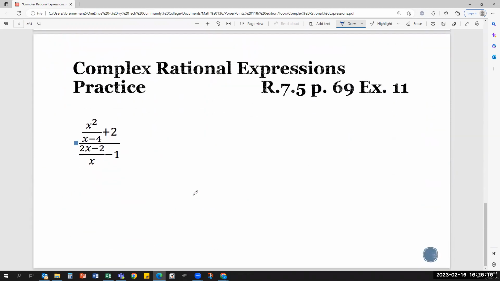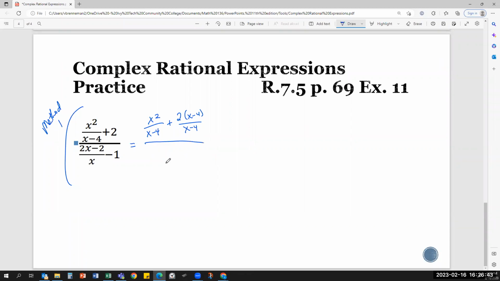But looking at this next one, again I'll start with method 1, where I simplify the top and bottom separately. On the top, I have the x squared over x minus 4, and then I need the 2. So I need the x minus 4 common denominator. I need to multiply it by x minus 4 over x minus 4 so that I can correctly combine it.